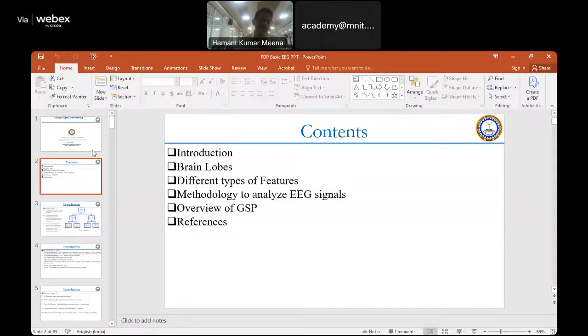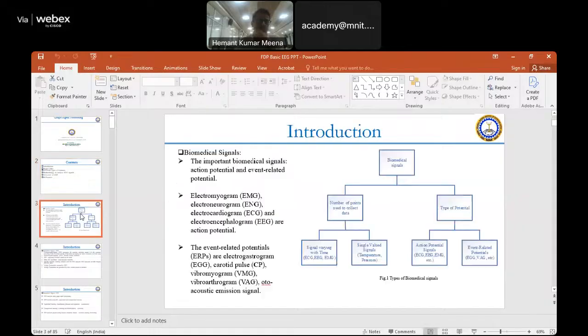This is the GSP in the context of the EEG signal, which is basically the brain signal. As I just discussed, biomedical signals are basically a number of points. They can be defined in two parts: the number of points used to collect the data.